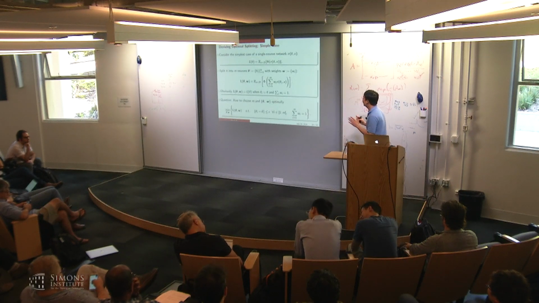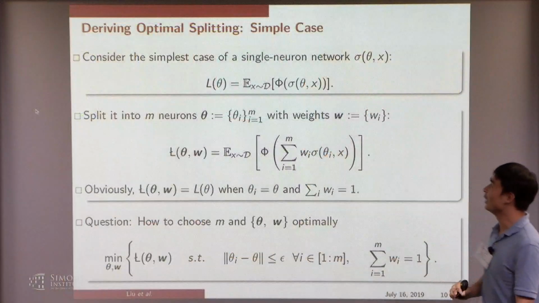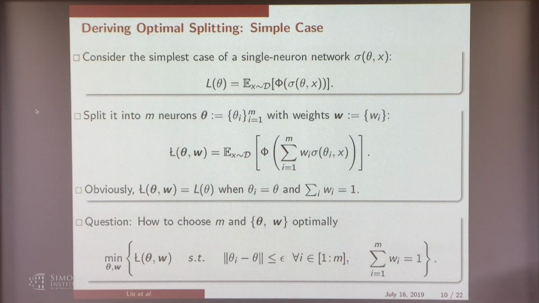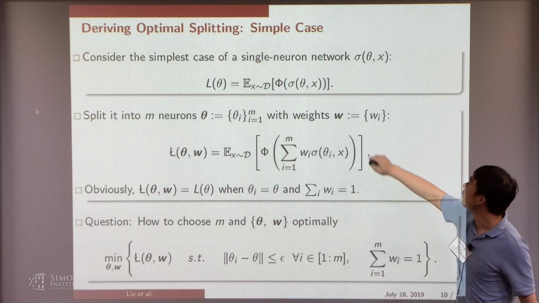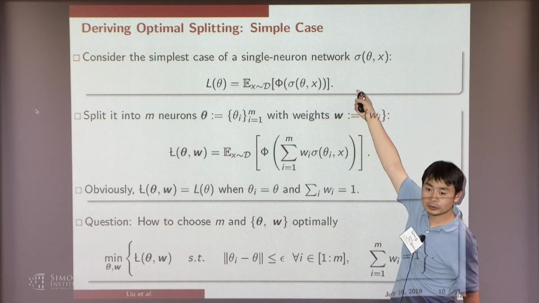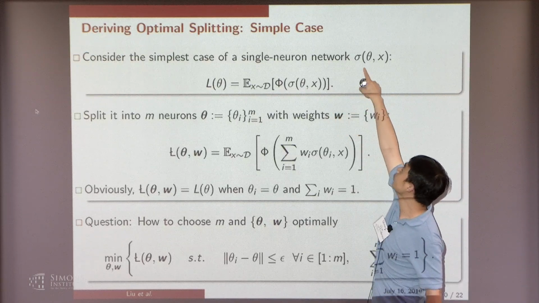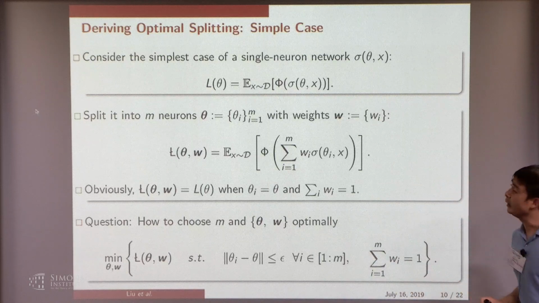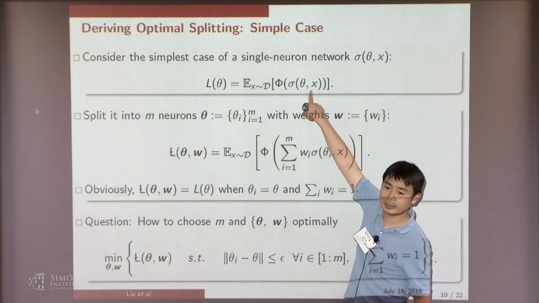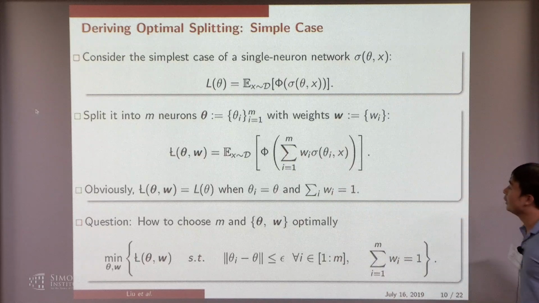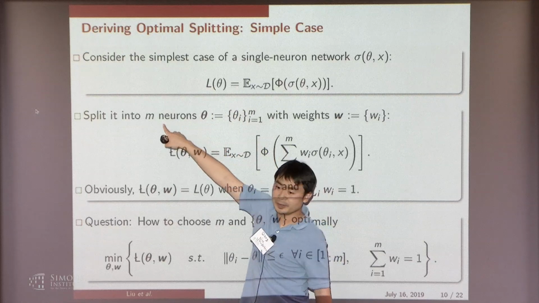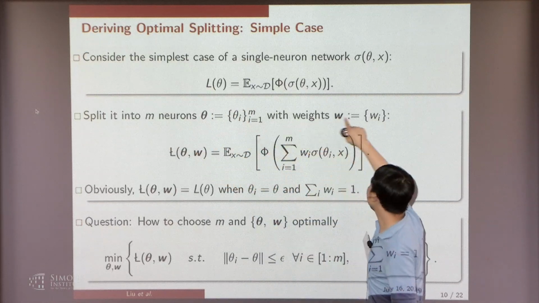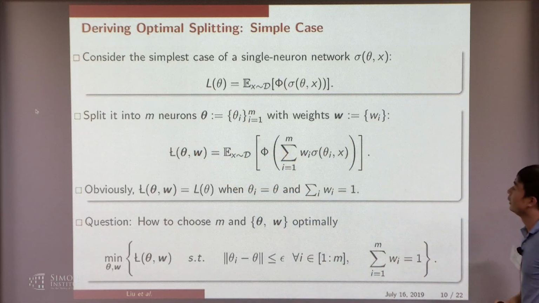Okay. So I think here is an easier way to understand all these things without functional analysis. Here I'm going to do a very simple case, just a single neuron, sigma(theta x), right? In this case, the loss is a very simple function like this. Then assume we split this neuron into m copies, theta_i, and each of them has a weight w_i.